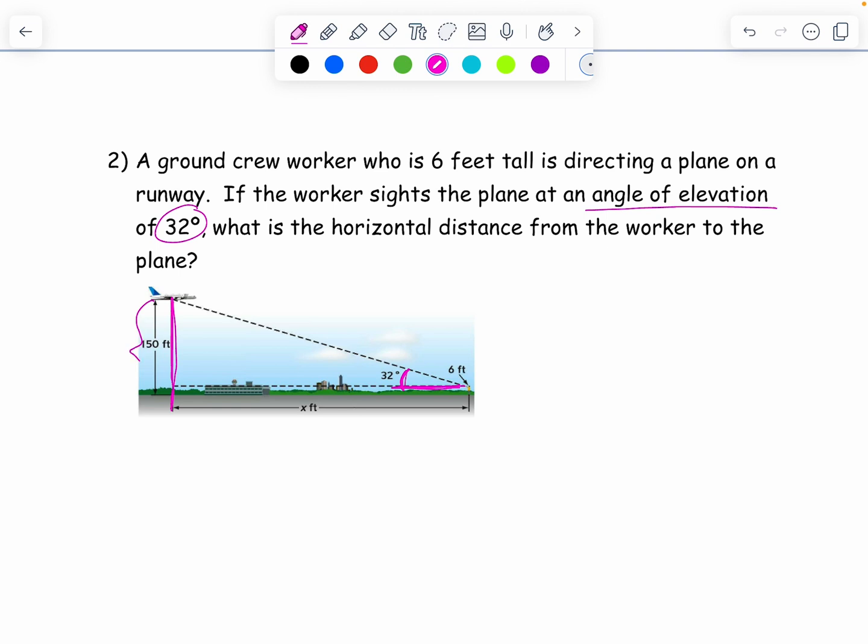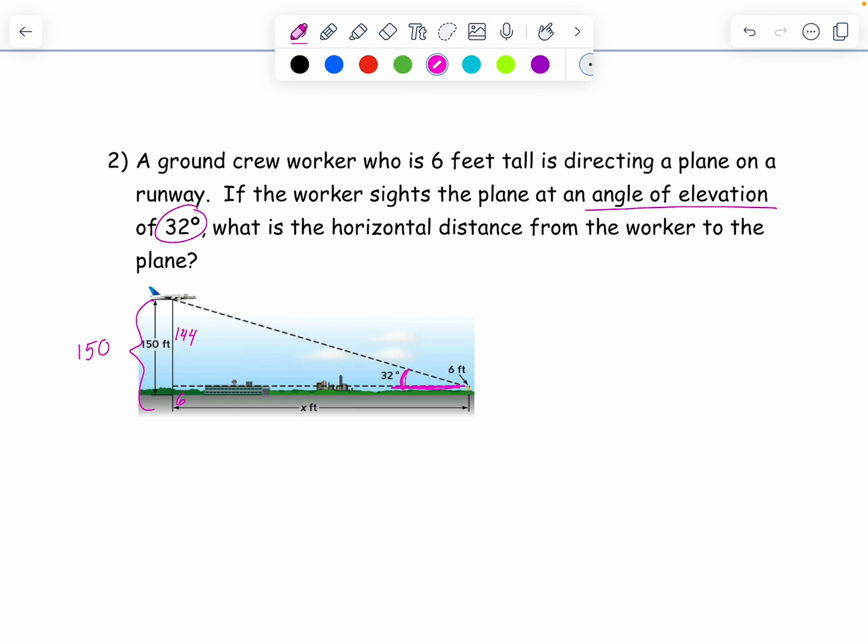So they're telling us that the height of the plane is currently 150 feet, but if our worker is 6 feet, then that means that from our line of sight up to the plane, that is only going to be 144 feet, because we've got to do 150 minus 6.